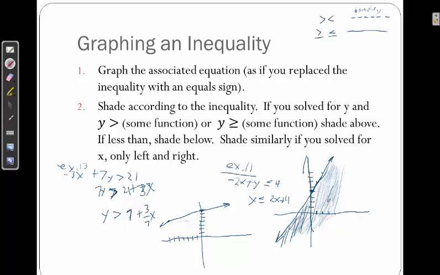And I screwed up that a bit because this should be a dashed line. So I will fix it. Okay, and then y is greater than that line, so everything above it should be a solution.